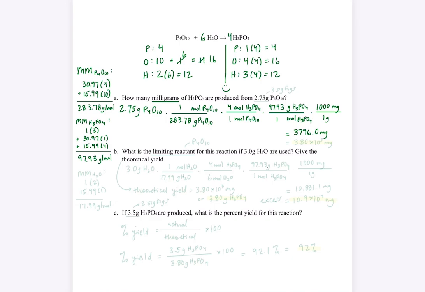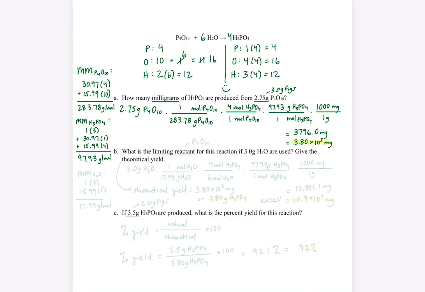But let's pay special attention to our significant figures. Given in the problem, we know we have 3 sig figs. So let's use scientific notation to help us. So we have 3.80 times 10 to the 3 milligrams. And that is our final answer for part A.